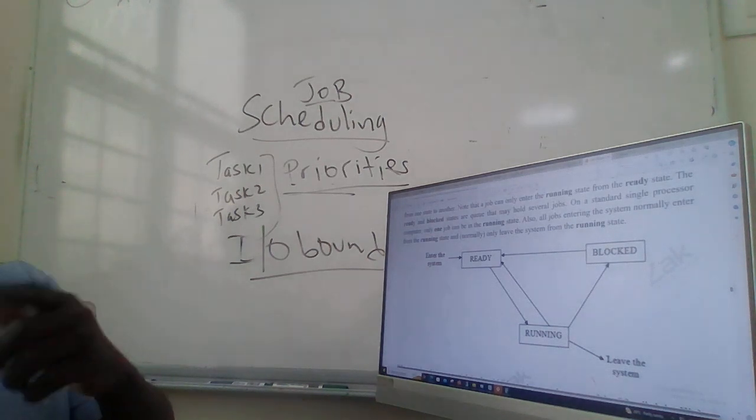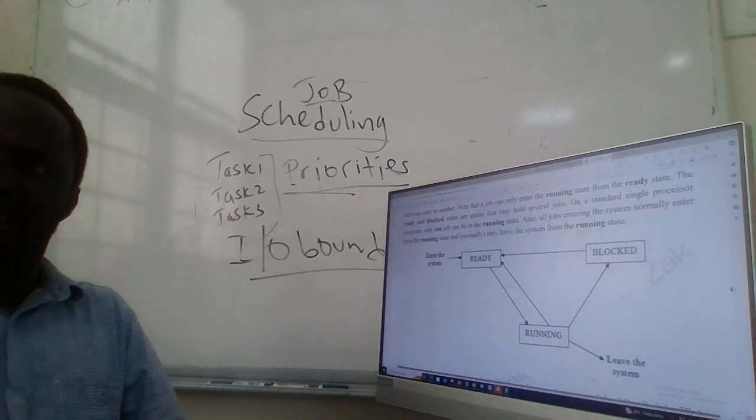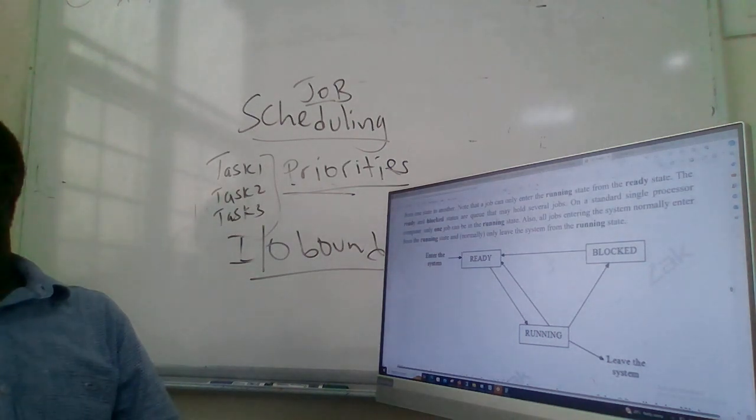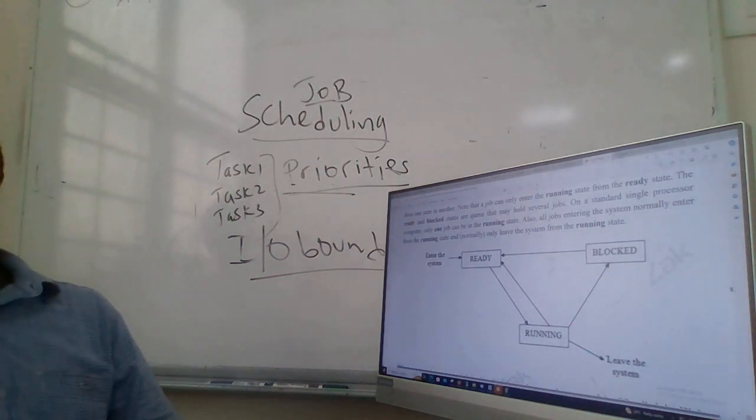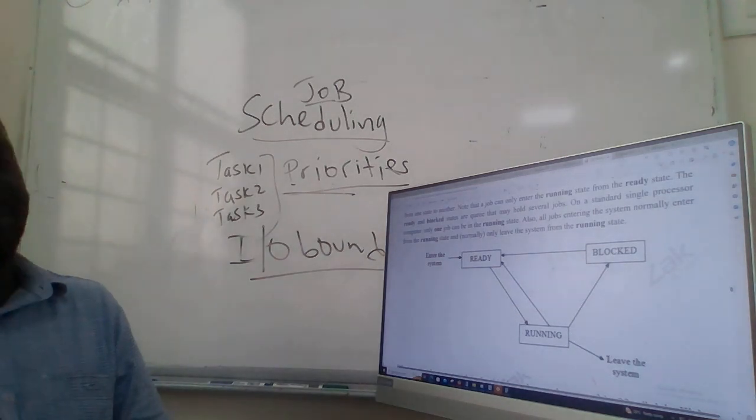Another scenario is a job is being done, but there are not enough resources. It just goes back to the ready state to wait there. Why? Because other jobs can be performed. So it has to go there and wait.